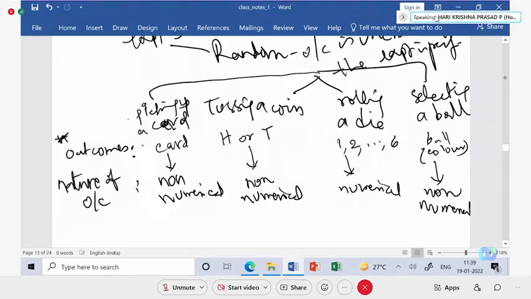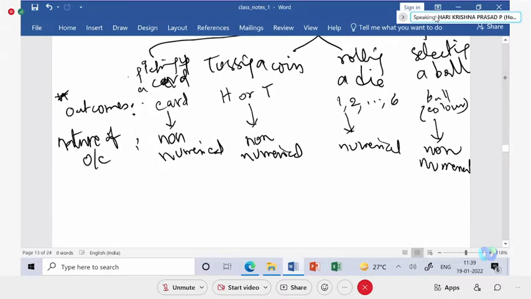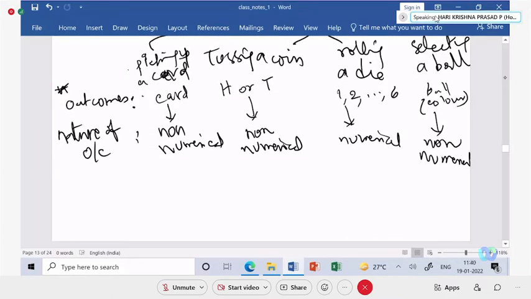When I have a random experiment in nature, when the outcome of certain experiments happen to be numerical in nature, while the outcome of certain experiments happen to be non-numerical, can I have a common platform where all the outcomes are represented by a set of numericals?